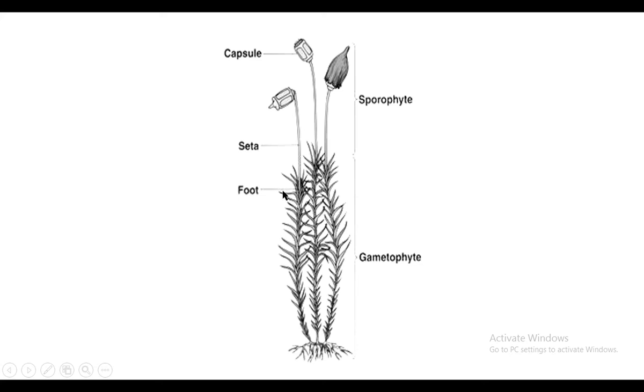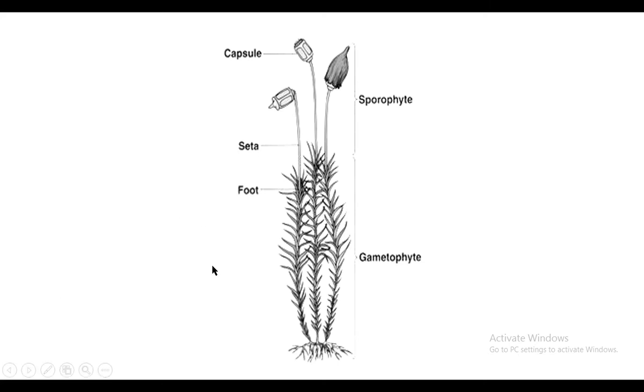So its food is embedded inside the structure of the gametophyte, by which it absorbs water, minerals and other nutrients from the gametophyte. This is a long stem-like structure, the seta, that produces at the tip a swelled structure called the capsule. Inside the capsule there is formation of haploid spores.